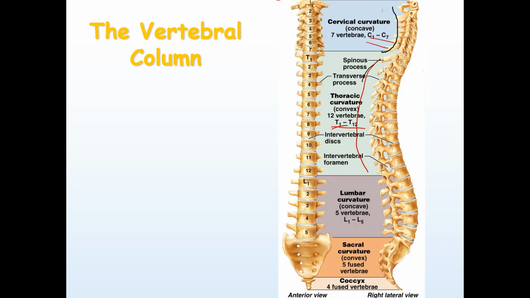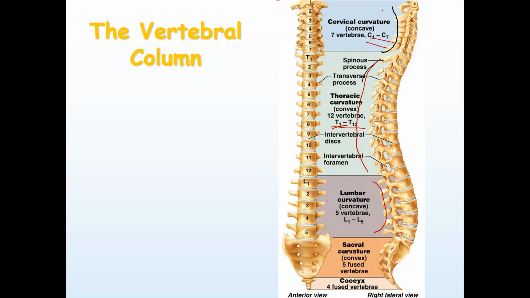Now, below the thoracic region, you'll notice there's another curve, and this curve is concave, right? So we go concave, convex, concave. Now, the lumbar region, which is what we're looking at, is the lower back.